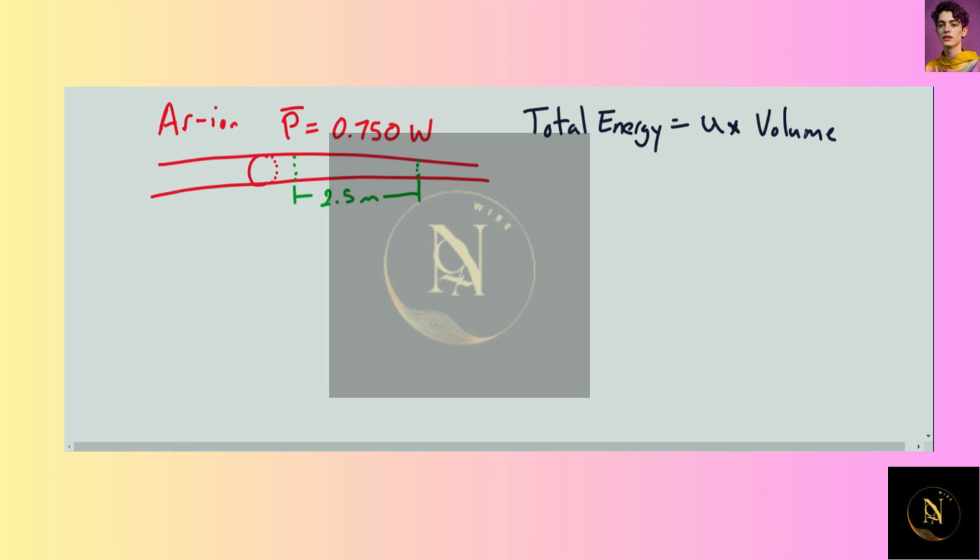So energy density within a given volume to get the total energy. Well, for a cylinder, volume is going to be the area of the circular shape multiplied by the length, in this case, that 2.5 meter length. And so we have a total energy, I'm going to call that ET, is equal to U times the area times the length.